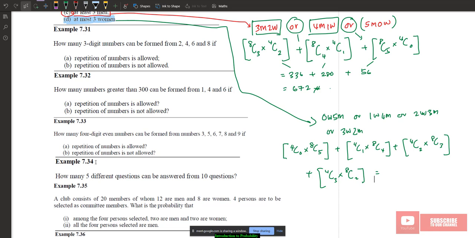This one should be equal to what? 784. Alright, 784. So this is the answer.